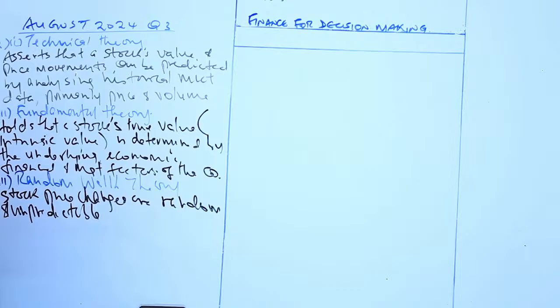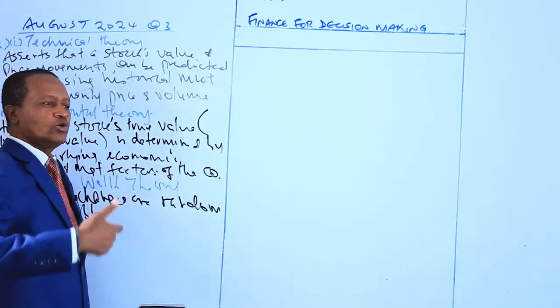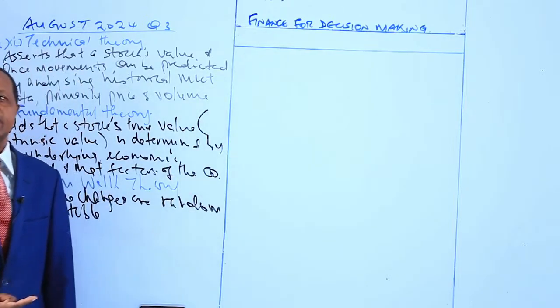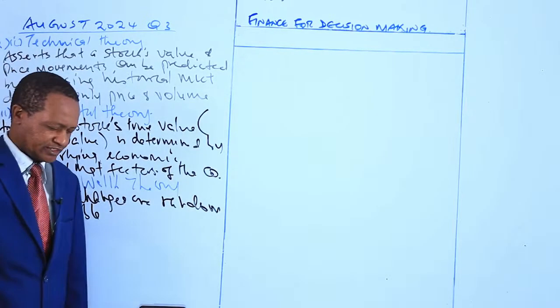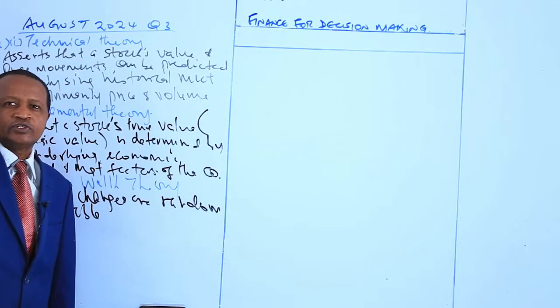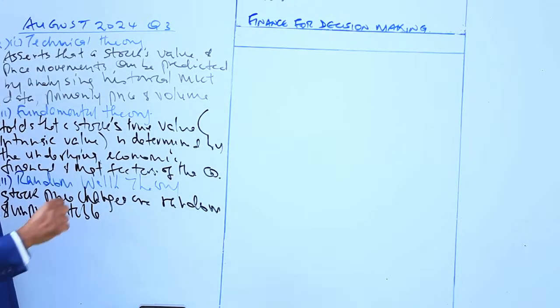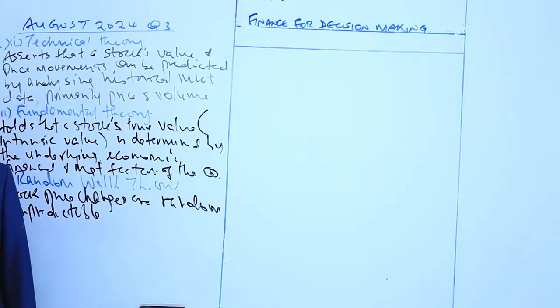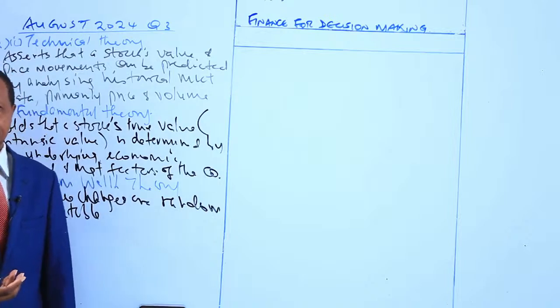This theory argues that the current stock price already reflects all the available information, both public and historical, due to the rapid and rational actions of countless investors. And therefore, no form of analysis, neither technical nor fundamental, can consistently predict future price movements to gain an abnormal profit.